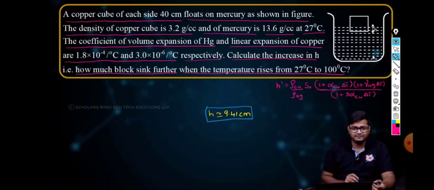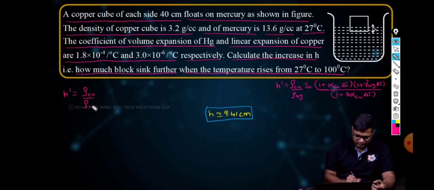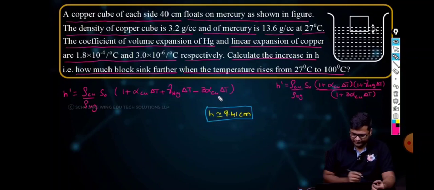Okay. So alpha and gamma values are very small over here, so I can write H dash is equal to density of copper by density of mercury into side length, into 1 plus alpha of copper delta T plus gamma of mercury delta T minus 3 times alpha of copper into delta T. Okay, this is an approximation.